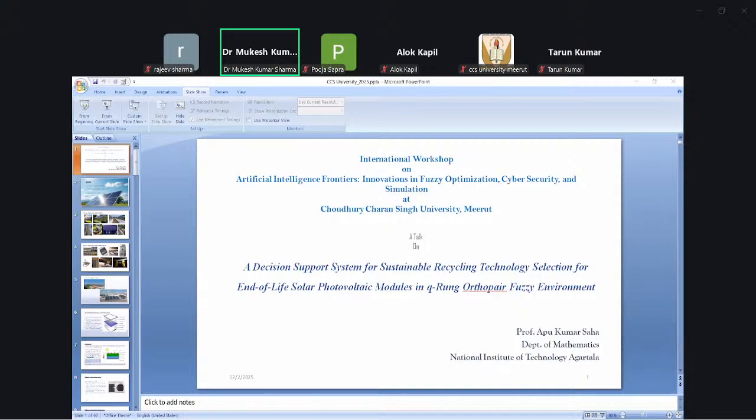Now we have taken 4 decision makers, and 2 were from academia. One is from the physics department, another is from electrical engineering, and we have taken 2 experts from industry who are working in the same field. Then we have given a 5-point scale: very low, low, moderate, high, and very high. We formed a questionnaire and sent it to them to say how much importance they give to which criteria.